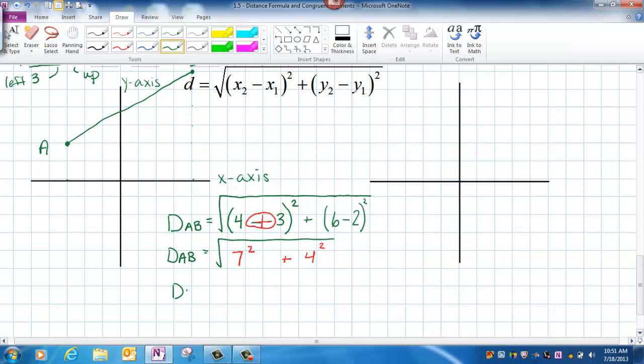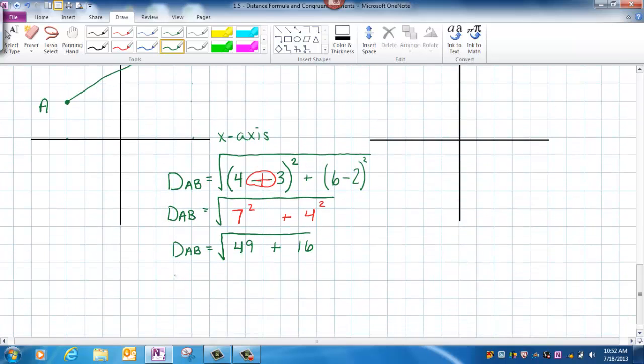Alright, so the distance from point A to point B is the square root of, okay, 7 squared means 7 times 7, which is 49, plus 4 times 4, which is 16. So the distance is the square root of 49 plus 16, which is 65.